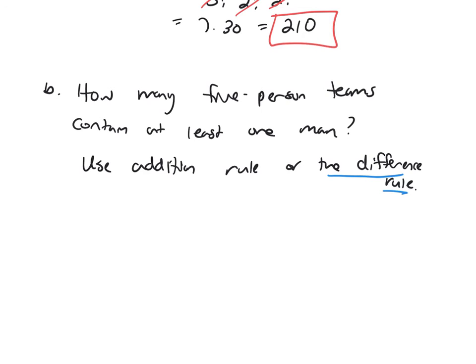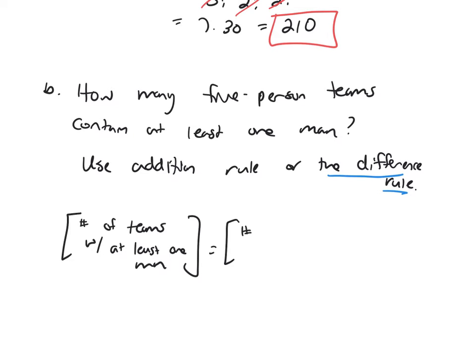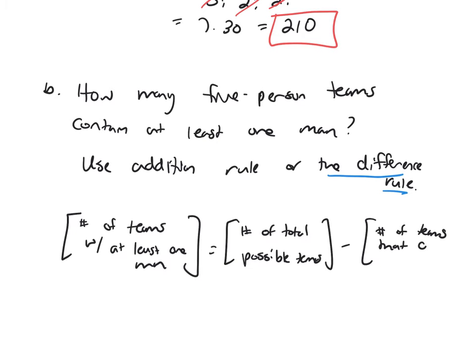The difference rule here: the number of teams with at least one man is the number of total possible teams minus the number of teams that do not contain any men.